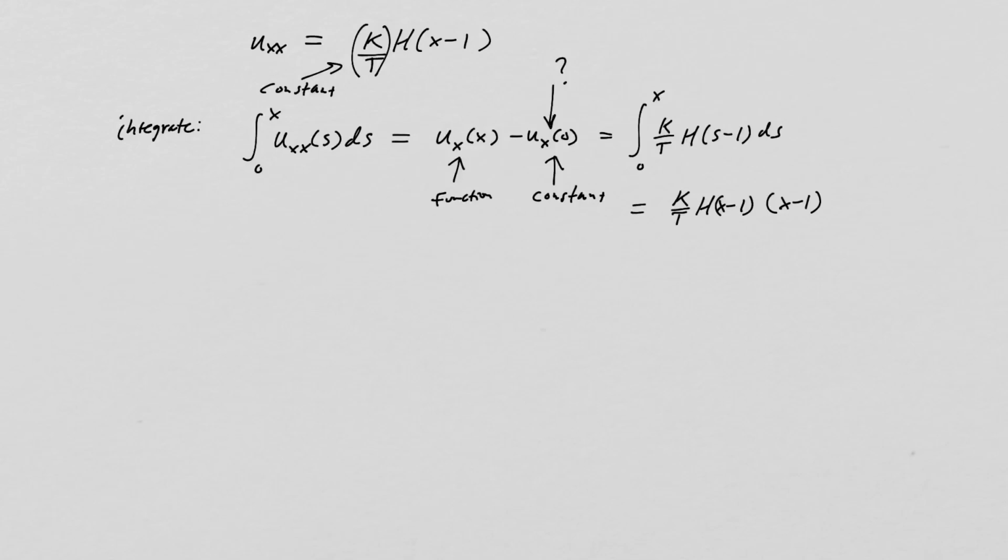All right, so what we can do then is move this over. We have the function here, and we have K over T h of x minus 1 times x minus 1. Now it's going to be plus u_x of 0.